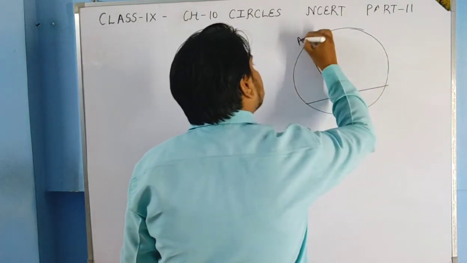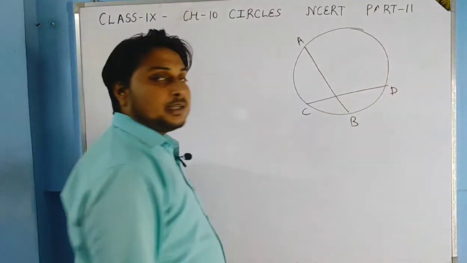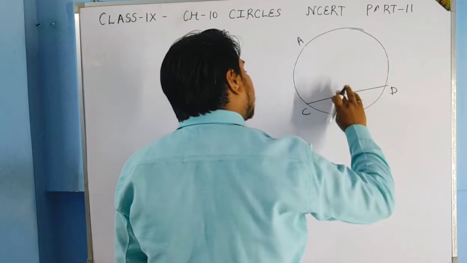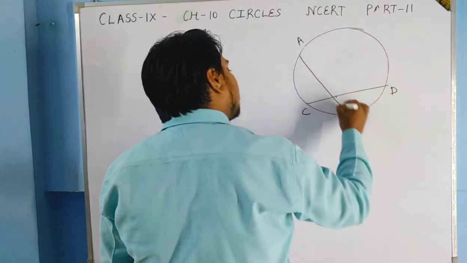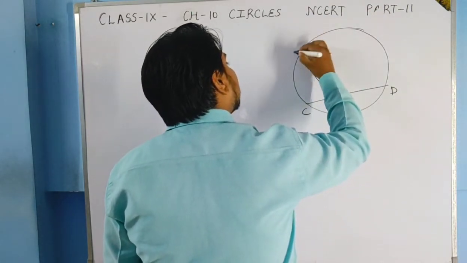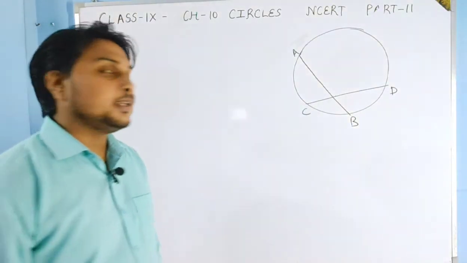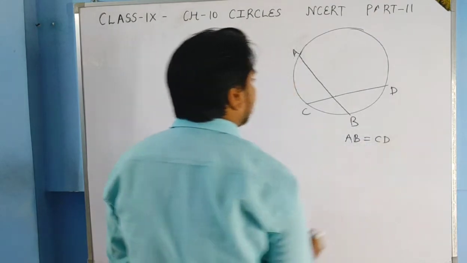One is suppose AB and one is CD. It is said that both the chords are equal to each other. Suppose it is like this. AB and CD, AB is equal to CD.